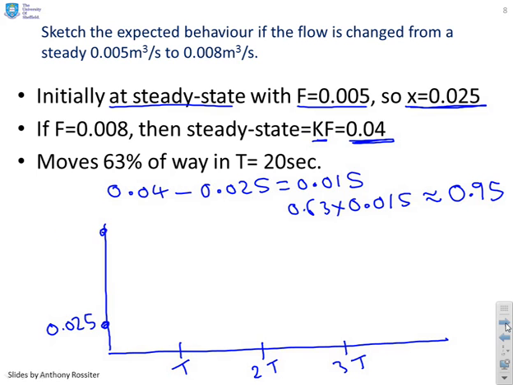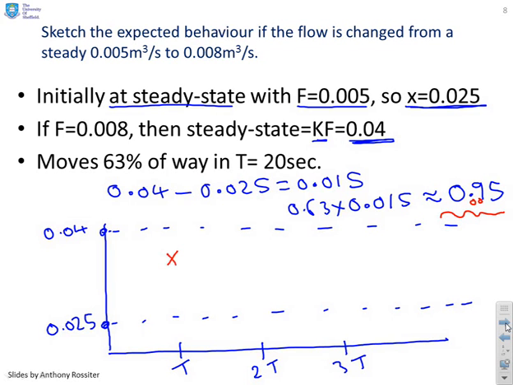We know we finish at 0.04, so I can put some horizontal lines across just to mark those two values. And we know that after one time constant I've moved roughly 0.95. Sorry, it should be 0.095. That's what happens when you do things on the screen. So after one time constant I've got to roughly 0.034.